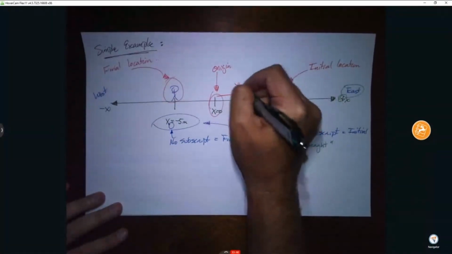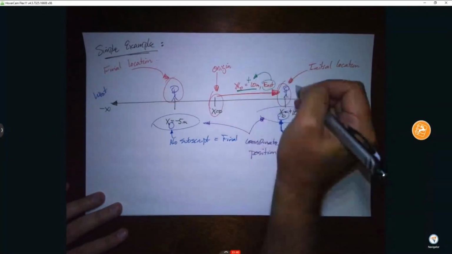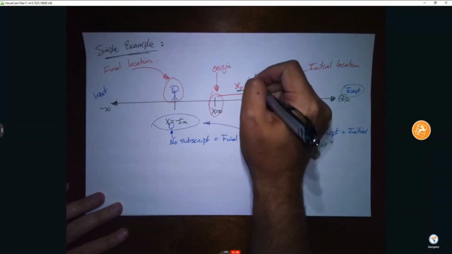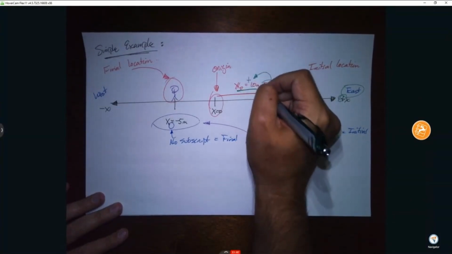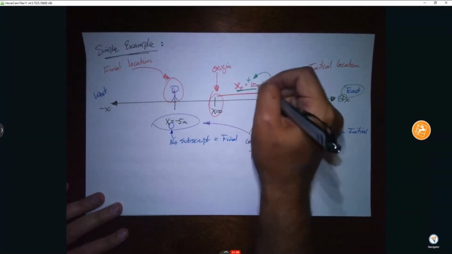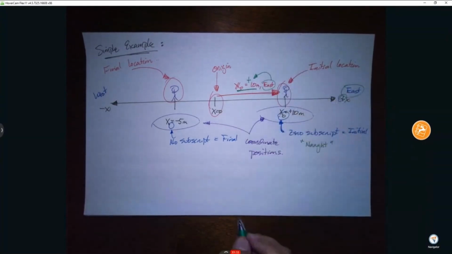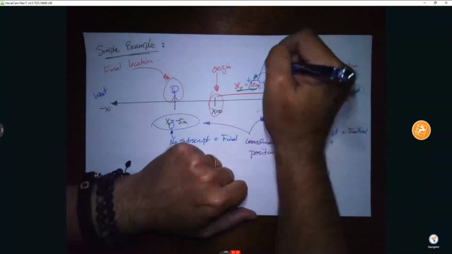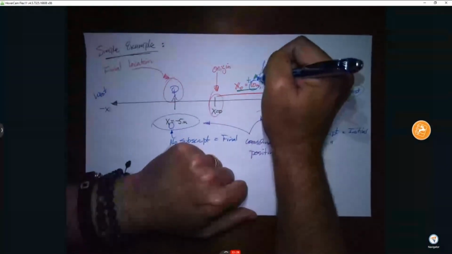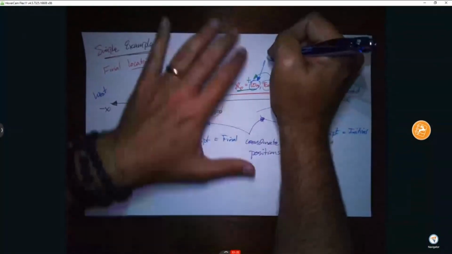Okay, so when my initial position vector is plus 10 meters, then the positive sign indicates the direction, and then this quantity here will be our magnitude. Okay, so the 10 meters is the magnitude and the plus sign is our direction. And it corresponds to east physically.